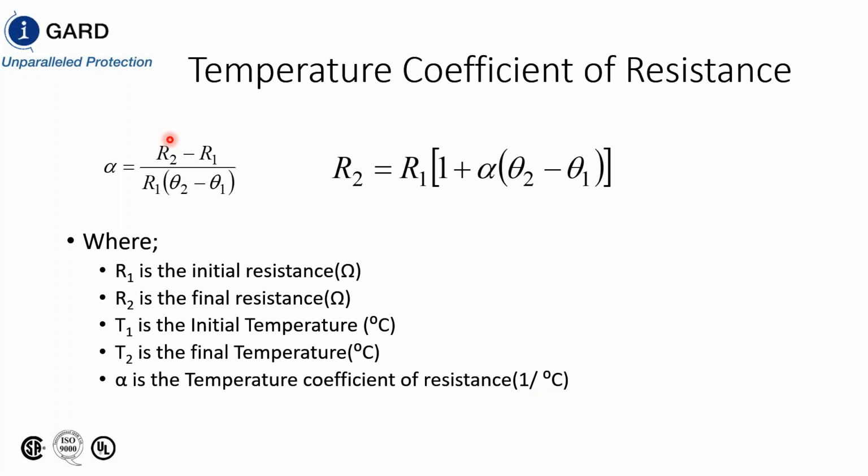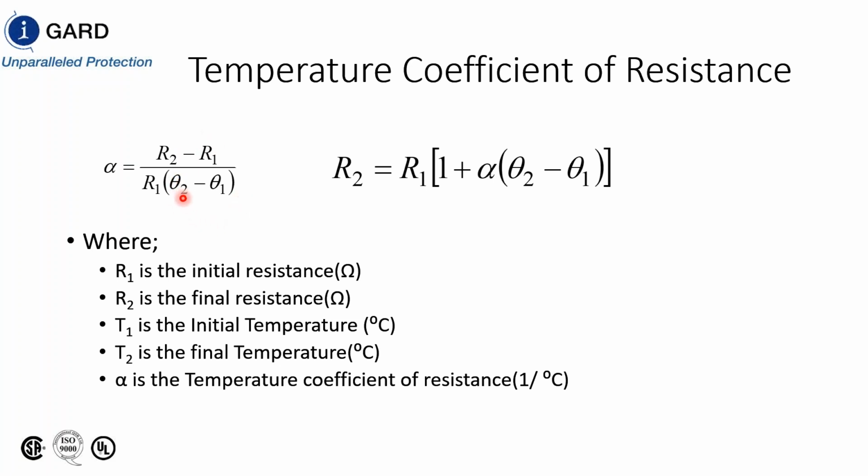R2 is the final resistance of your neutral grounding resistor after rated time and rated current. R1 is the initial resistance rating, and more often than not, that's going to be at ambient temperature.